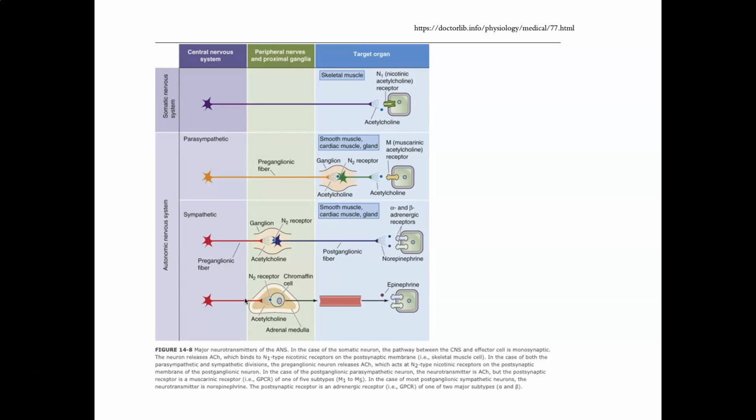So again, acetylcholine is going to be looking for a nicotinic or muscarinic receptor at the target organ. And then in the sympathetic system, they're going to use norepinephrine or epinephrine at that target organ, and it's going to be looking for alpha or beta receptors.